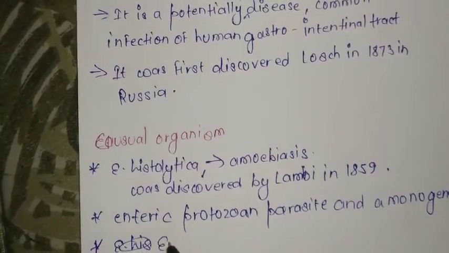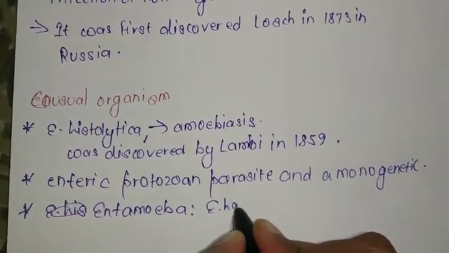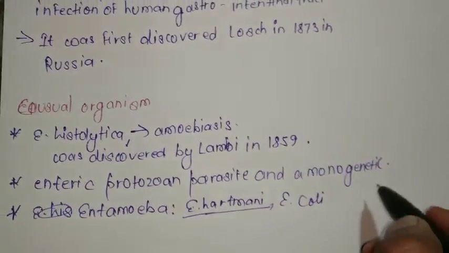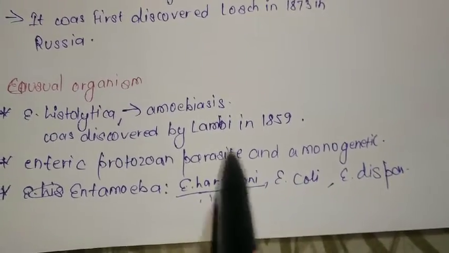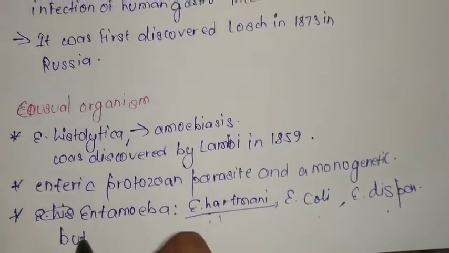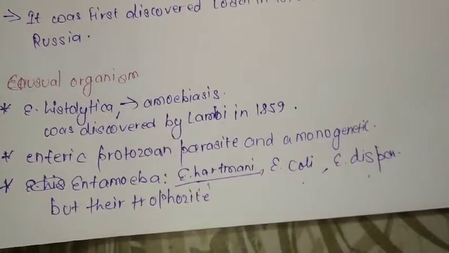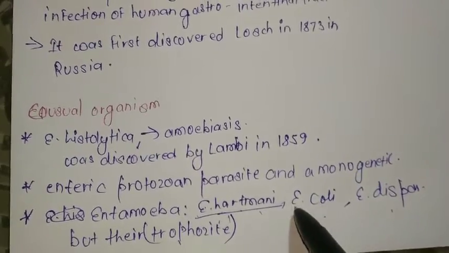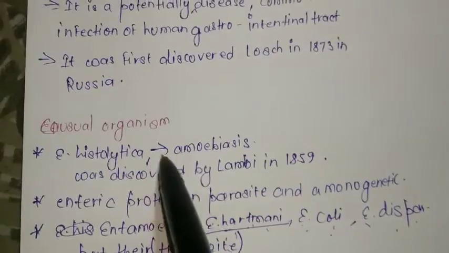The species of Entamoeba like Entamoeba hartmanni, E. coli, and E. dispar do not cause any type of infection or disease, but their trophozoites, now what is a trophozoite? A trophozoite is an invasive or active form of parasite. The trophozoites of these species are not able to be distinguished from Entamoeba histolytica.